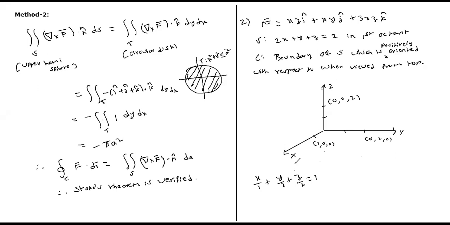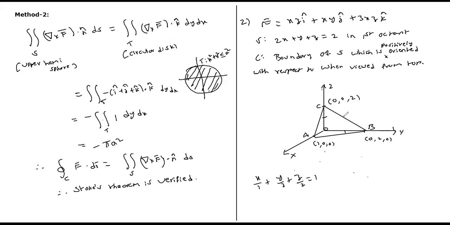So you have a plane which is, what kind of plane is it? It's a triangular plane. Call this O, A, B, C. And the orientation is given with respect to this triangular plane.